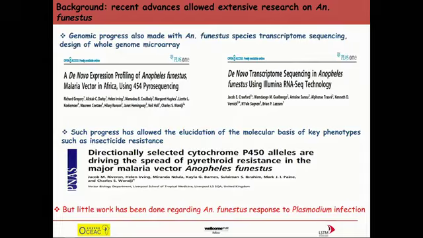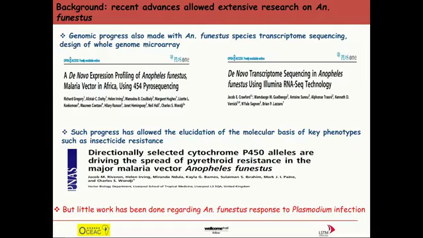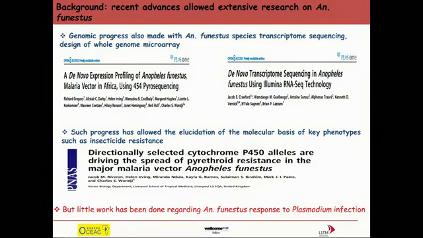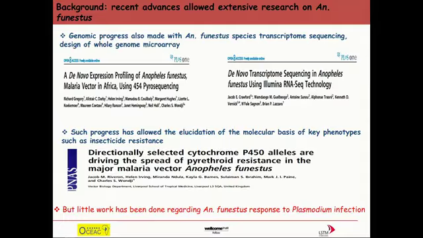Also, genomic tools have been described in this species, and we can mention genome-wide microarrays, and such progress allows us to elucidate the molecular basis of key phenotypes in this mosquito, such as insecticide resistance.